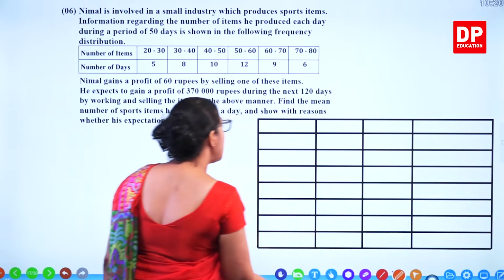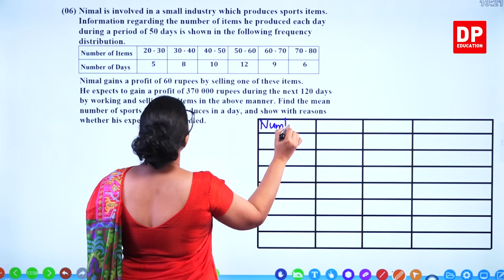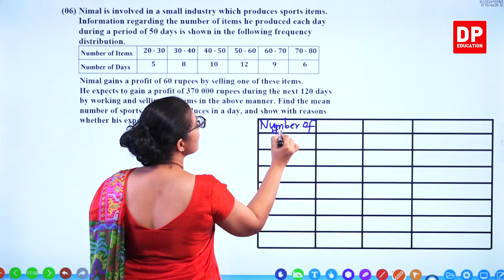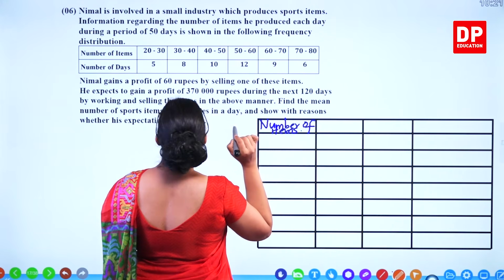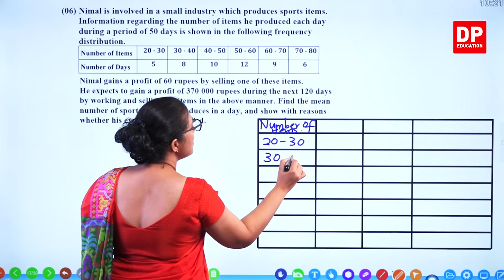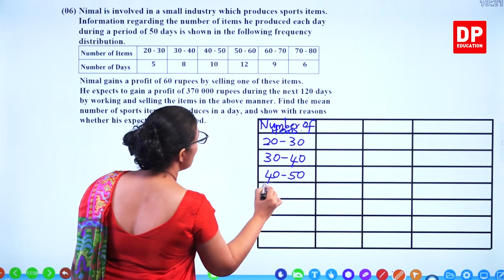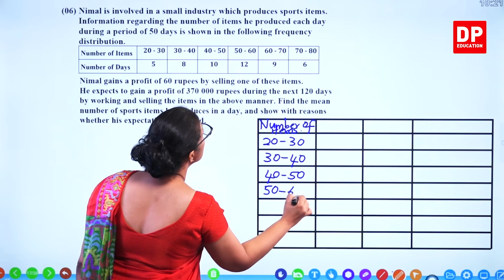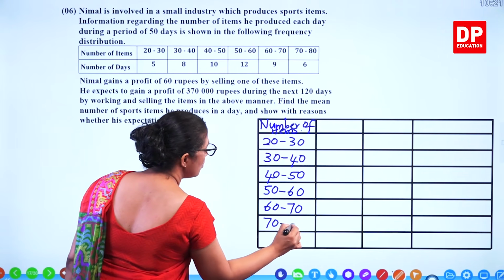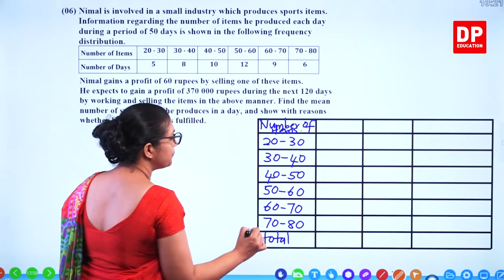For calculating mean, you have to first take number of items. That's the intervals, so 20 to 30, 30 to 40, 40 to 50, 50 to 60, 60 to 70, 70 to 80. And we can write down the total here.